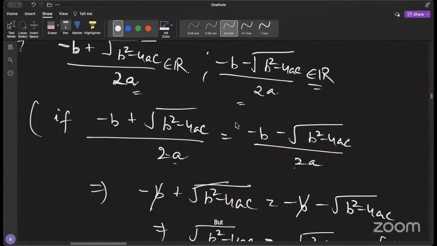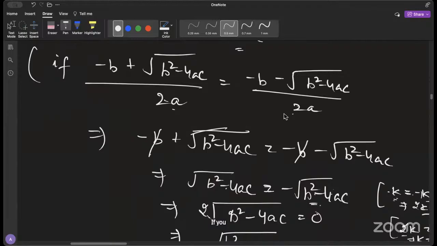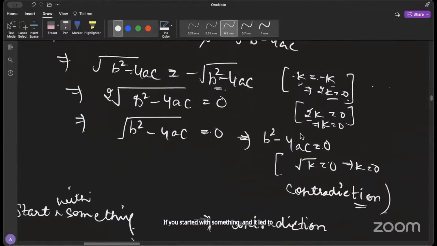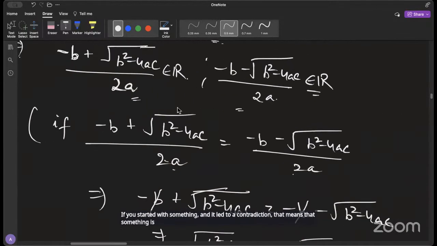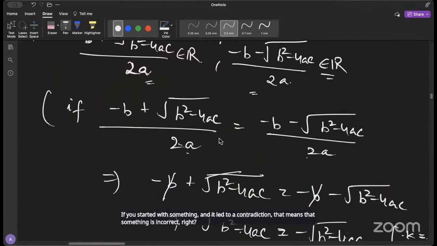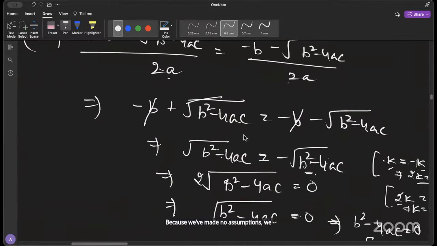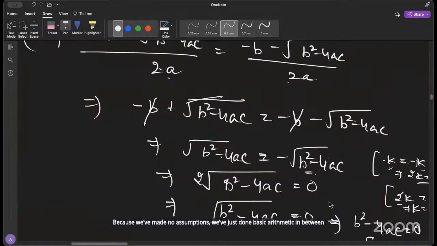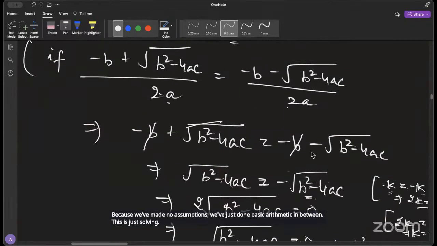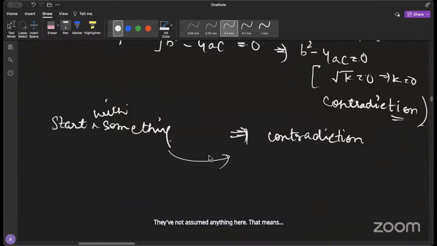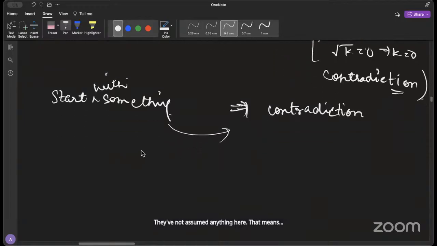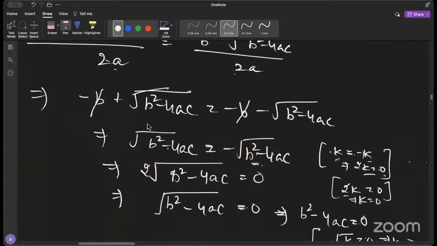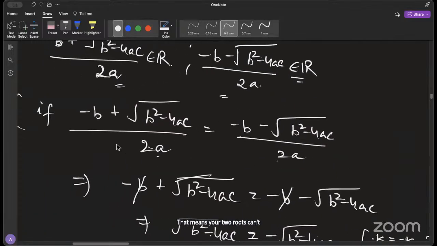But if you started with something and it led to a contradiction, that means that something is incorrect, right? Because we've made no assumptions. We've just done basic arithmetic in between. This is just solving. That means your two roots can't be equal.